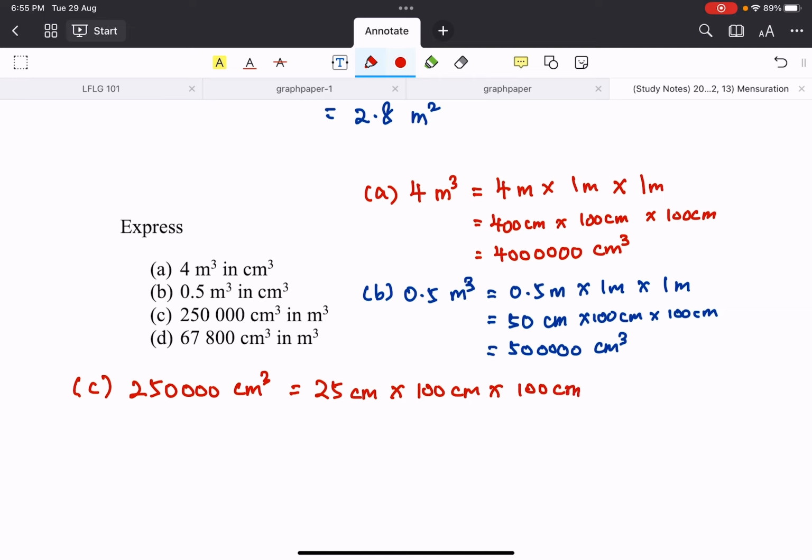Now there are a lot of different combinations you can use. As long as your combination is correct, you will get the same result. So here I have 0.25 meters by 1 meter by 1 meter. I like the 100 centimeters because it converts to 1 meter beautifully. So that results in 0.25 cubic meters.